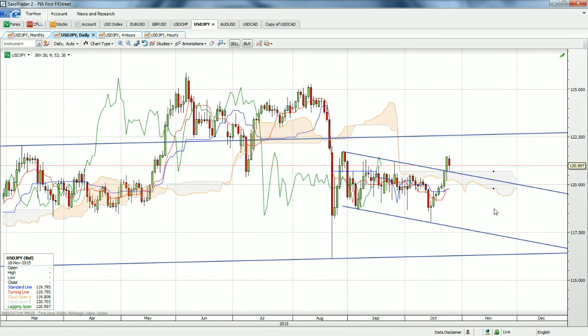Now, it's not as strong as a bullish outside bar at the base of a trend, or a bearish outside bar at the top of a trend. But if you look here, we'd already posted a morning star formation. We then posted this continuation pattern. So this is the reversal down here. This is the continuation pattern. This is the channel breakout.